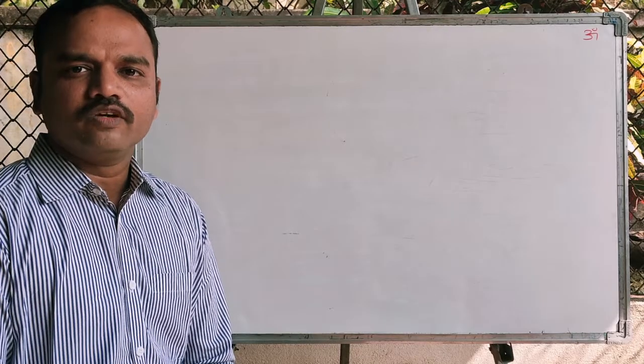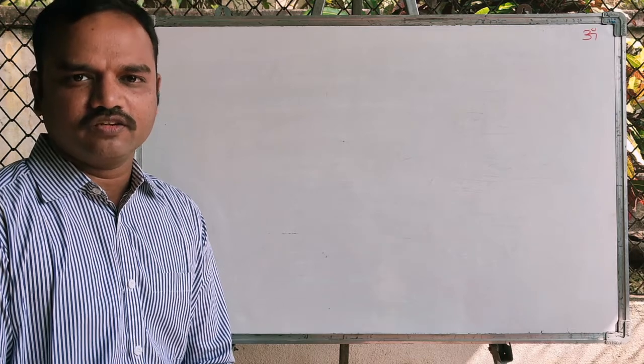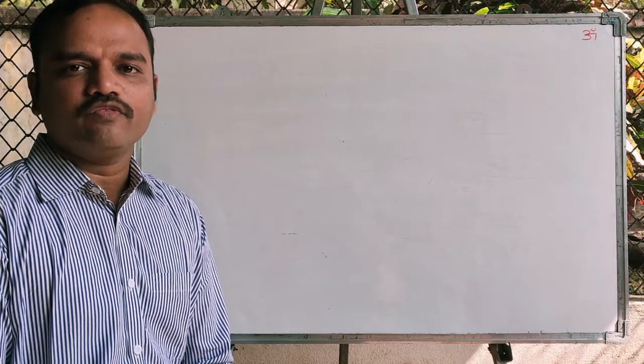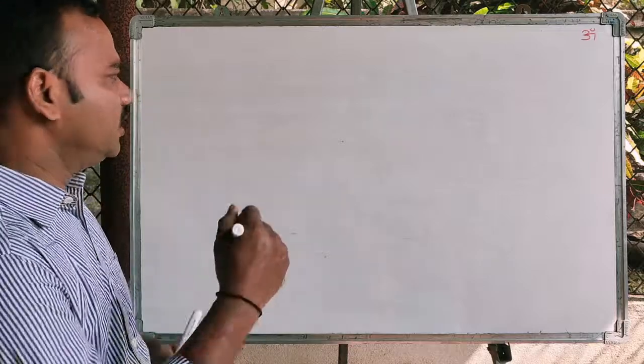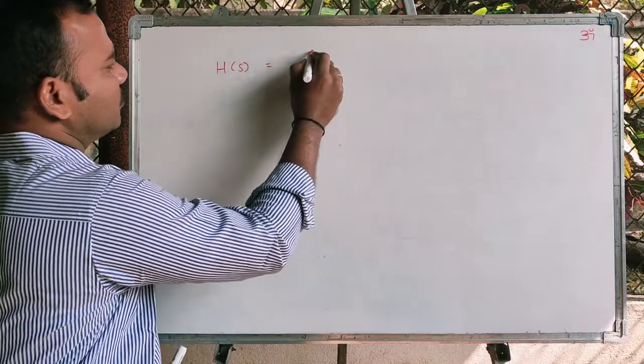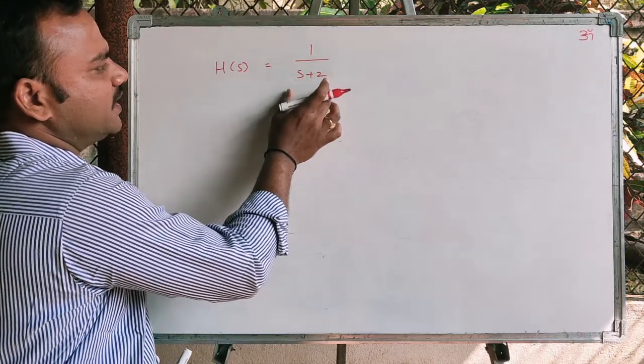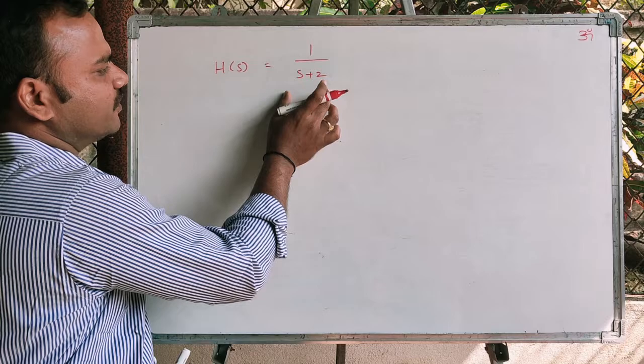Now, we will convert a first order filter into its corresponding digital filter using mapping of differentials. The analog filter transfer function H(s) is equal to 1 by (s plus 2). This is a simple first order low pass filter.